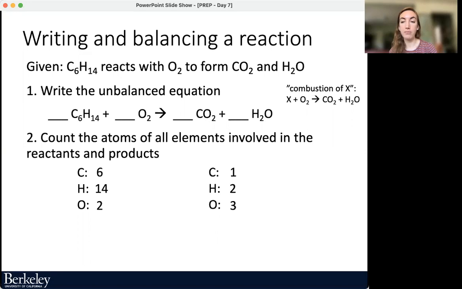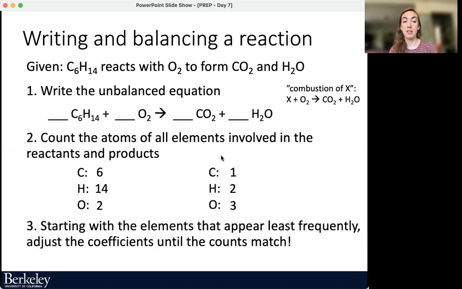Okay. So because these aren't equal on each side, I have 6 carbons on the left and 1 on the right, and 14 hydrogens on the left and 2 on the right, this equation is not balanced. I cannot use this reaction as it is. So what I need to do is adjust these coefficients until my counts for each element are equal on each side.